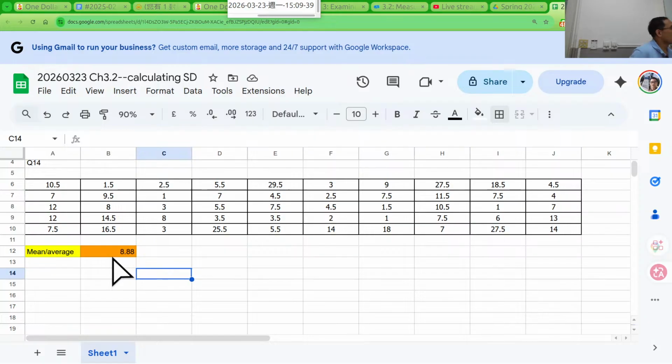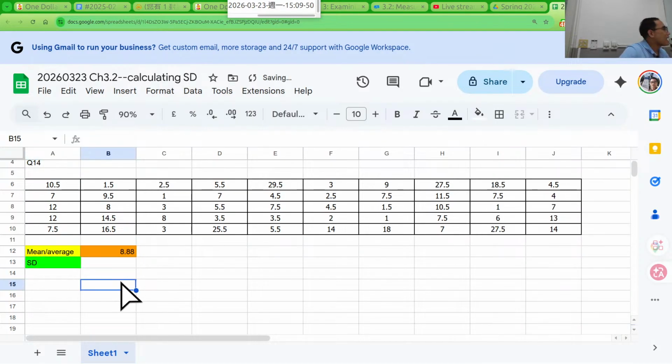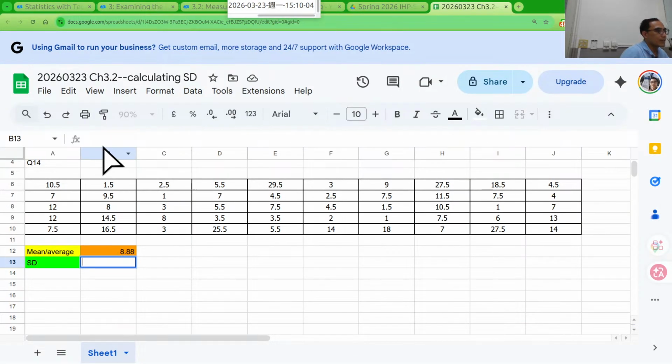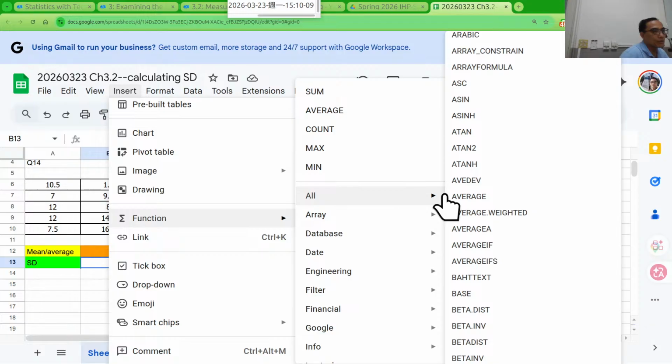Okay, 5 more minutes. Standard deviation. I prefer to use the abbreviation SD. And I have a question. I can click here, then click here, and click insert function.